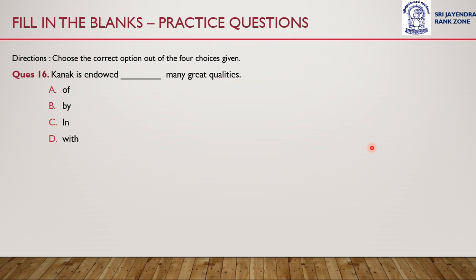Try to choose the correct option, giving you 5 more seconds. The correct option for question number 16 is option D, with. Kanak is endowed with many great qualities. This is the correct option.